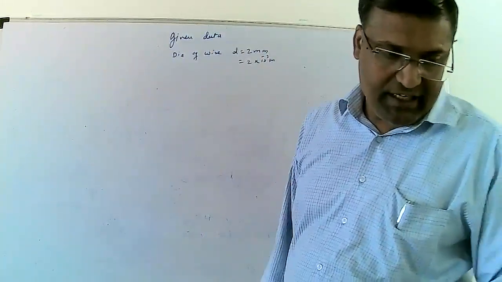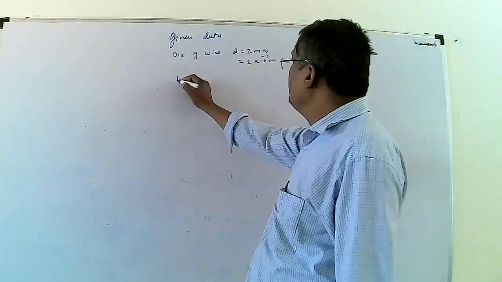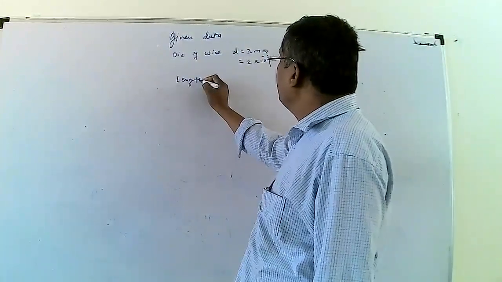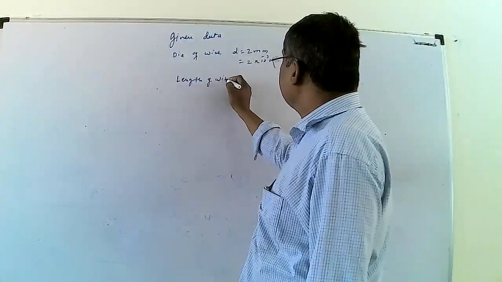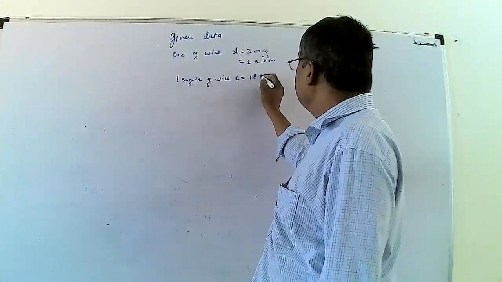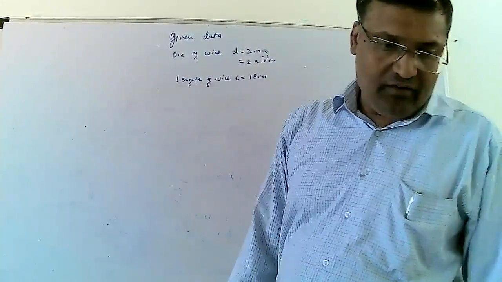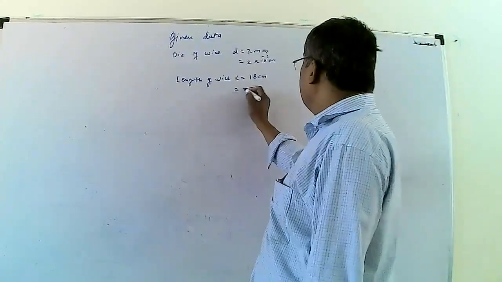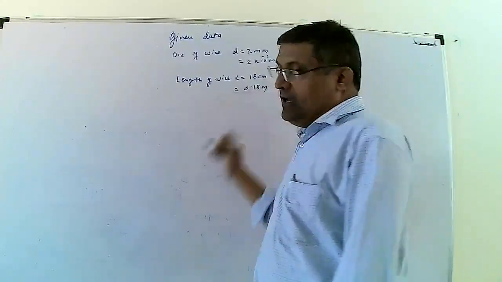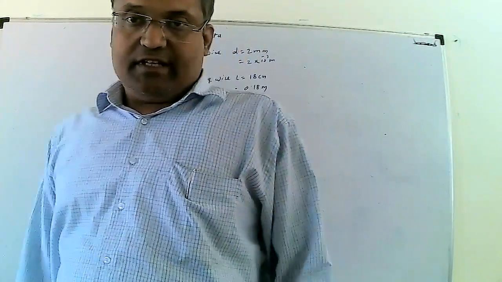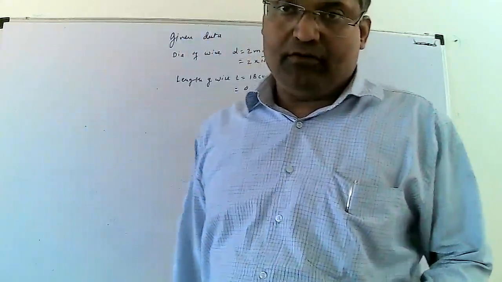Then next, length of wire L is equal to 18 centimeter. Then convert into meter, 0.18 meter.